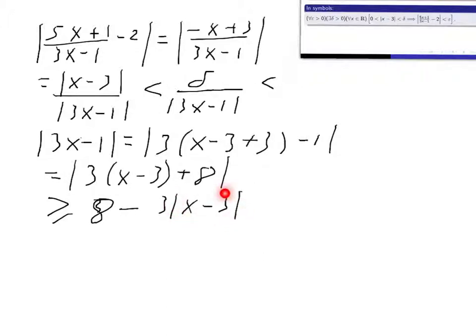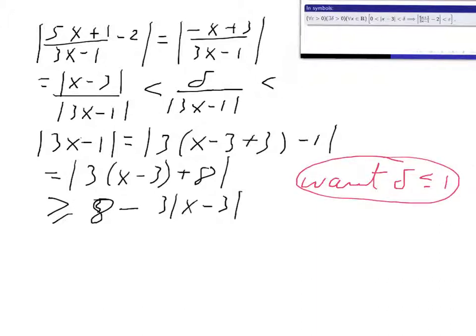Now I know that absolute x minus 3 is smaller than delta. So I say it's desirable, I want delta to be less than or equal to 1, because if delta is less than or equal to 1, then since this is smaller than delta, and delta is smaller than or equal to 1, this is less than or equal to 1, so minus it is bigger than or equal to minus 1.